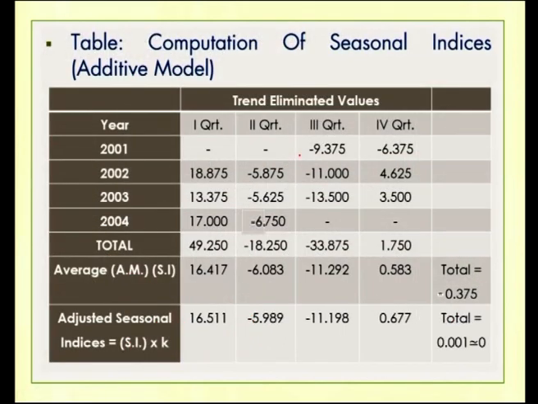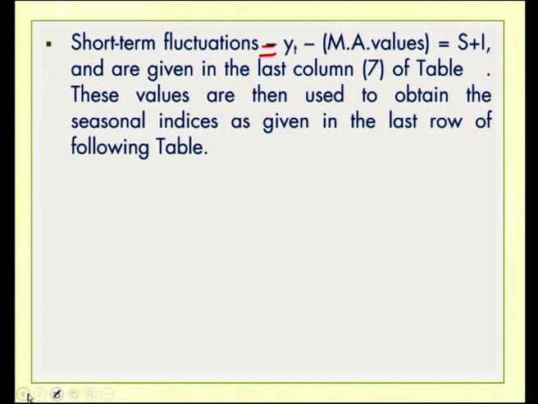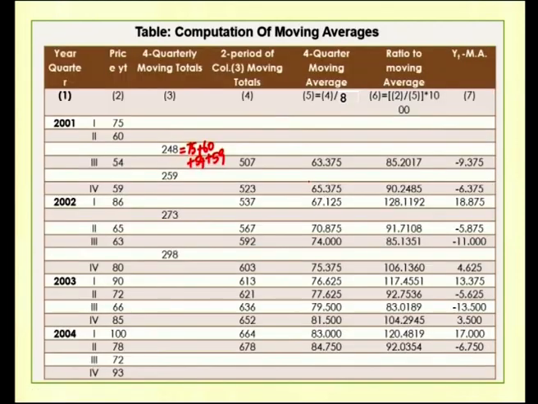Now, the short term fluctuations. Short term fluctuations are calculated for the seasonal indexes, that is, for the year 2001, it is minus 9.375. How is it minus 9.375? If you see, that is original value minus moving average values, 54 minus 63.375, is equal to minus 9.375.